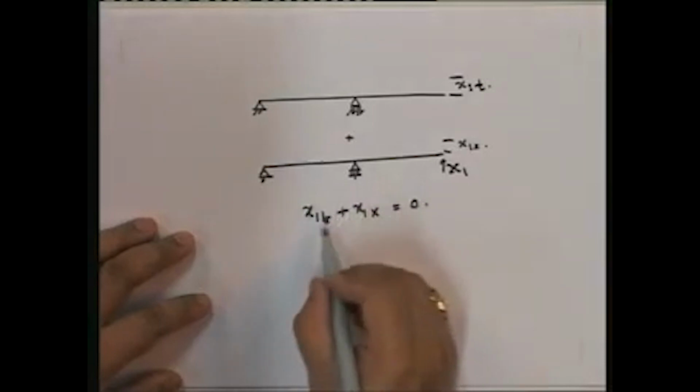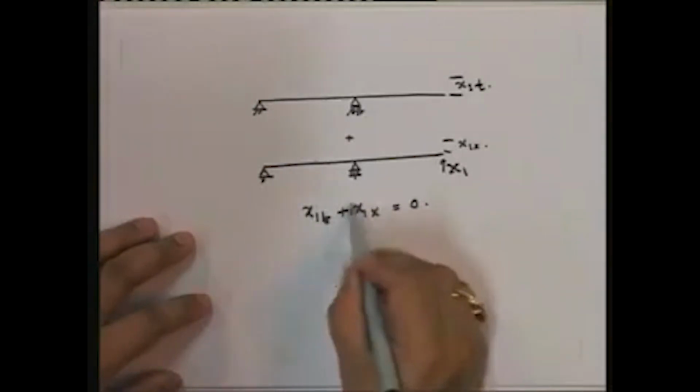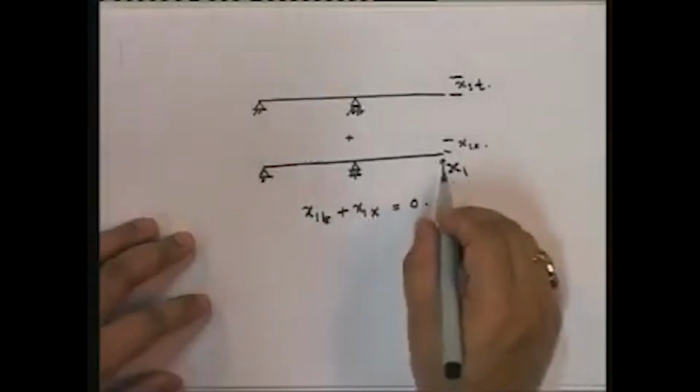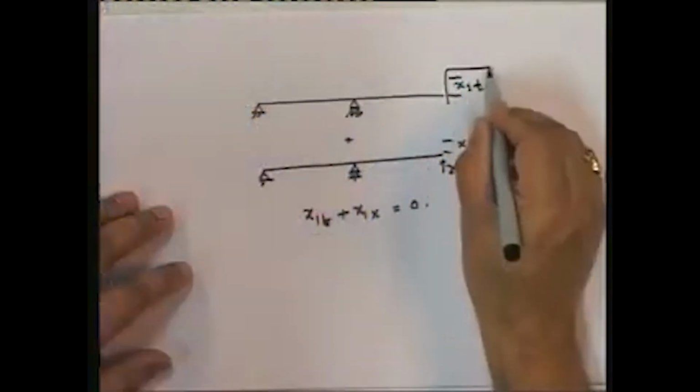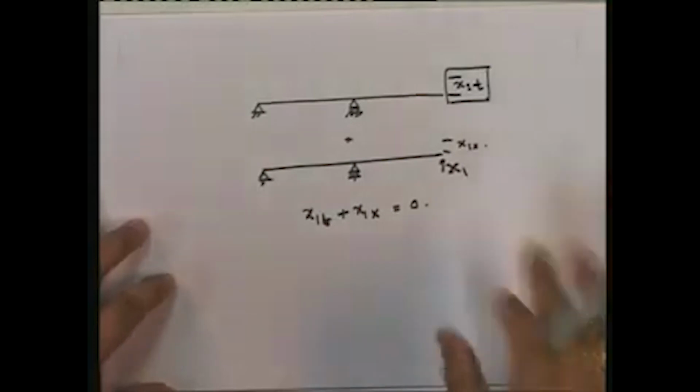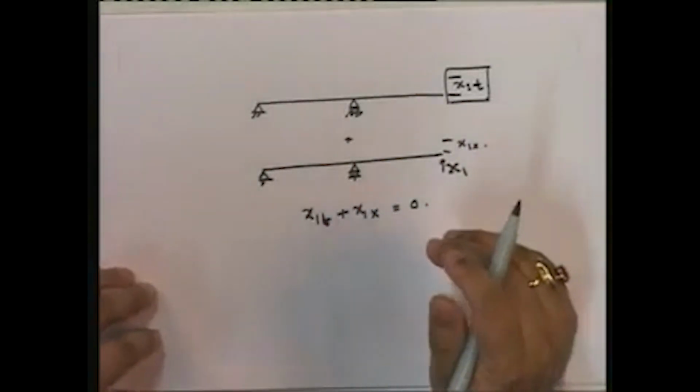So note that if this is equal to 0, this is equal to 0, and this is equal to 0, then x1 is equal to 0, and if x1 is equal to 0, there are no forces in the members, and there is no effect of the differential temperature. So the whole thing hinges on whether there is an x1 of t due to the differential temperature, and that is our whole focus over here.